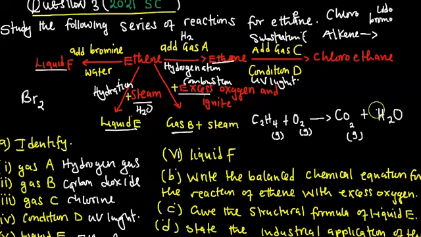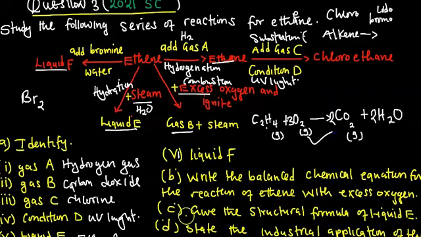We can start by putting a 2 in front of carbon dioxide. Now carbon is 2 on both sides. Oxygen is now 2 multiplied by 2, 4, plus this 2, 6. The oxygen on this side only has 2, but we need 6, so we put a 3 here. So this equation has balanced, and that is the balanced equation for the combustion of ethene. So that is how you write it.